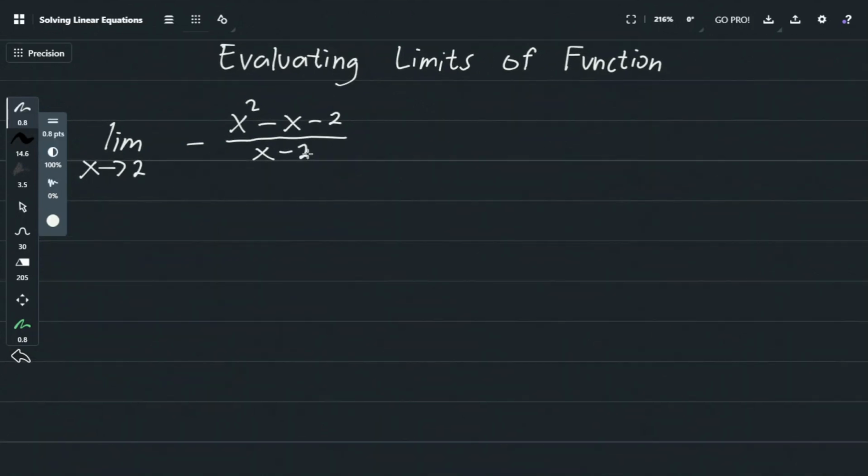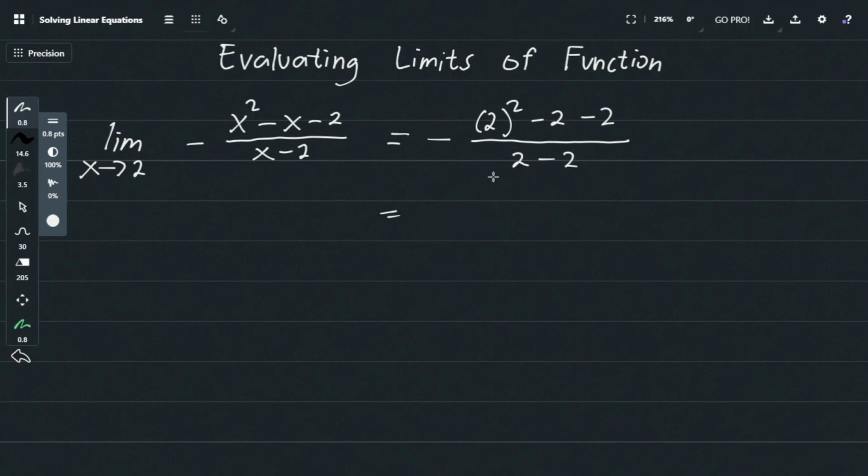Okay, so let's try to use the substitution strategy. So the value of x is equal to 2. So we're just going to substitute the value of x. So we have 2 squared minus 2 plus 2. We have 2 minus 2.